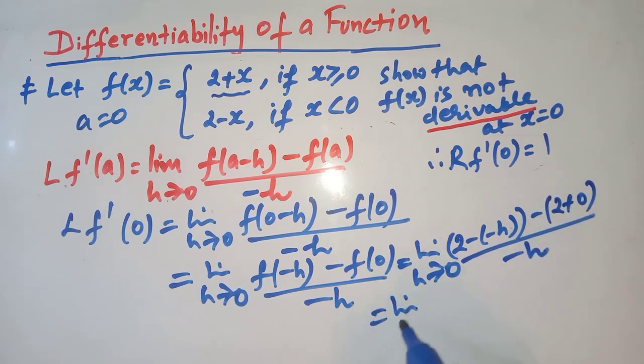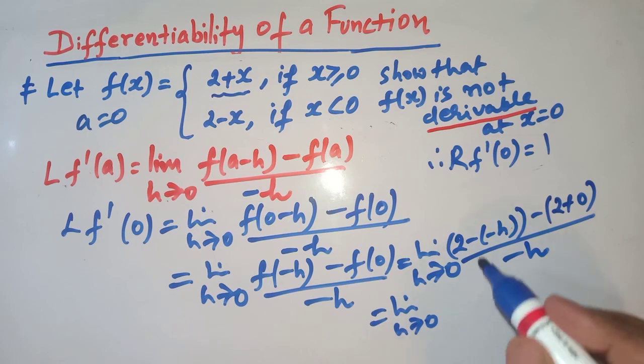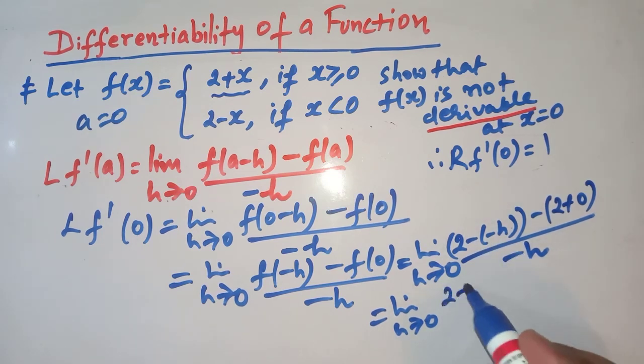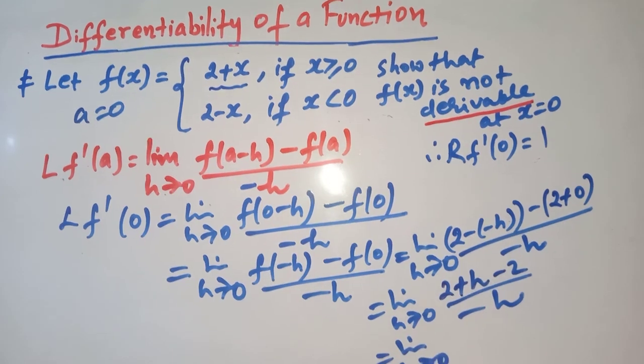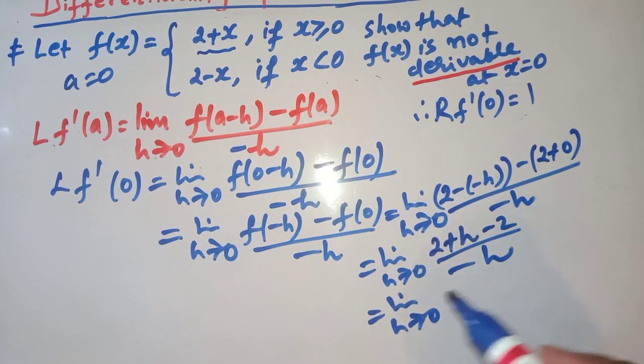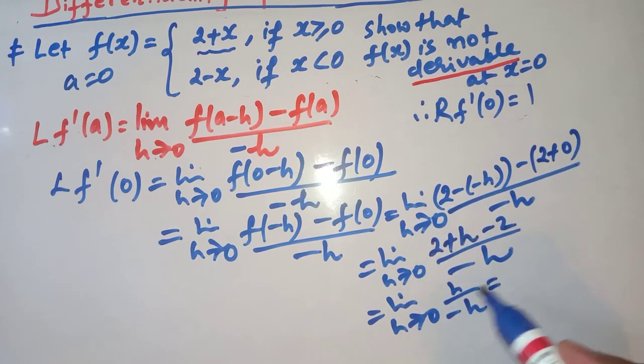So this expression becomes limit h tends to 0, minus minus plus, this is (2 + h - 2) over minus h. Clear? So here we have limit h tends to 0, and we have 2 and minus 2 get cancelled. We have h over minus h. So h and h get cancelled and we are left with minus 1.